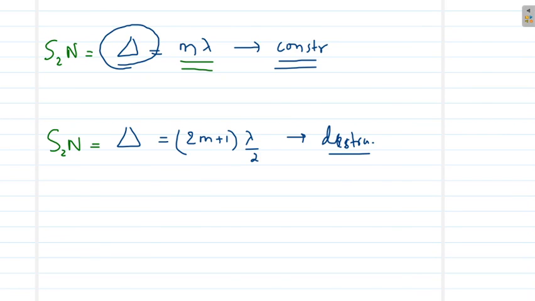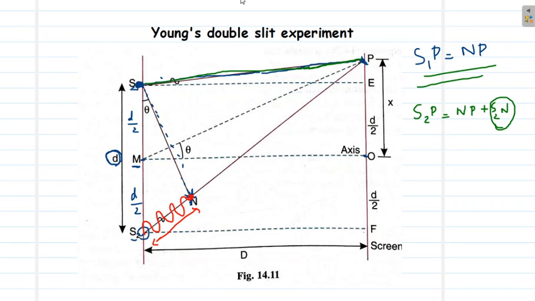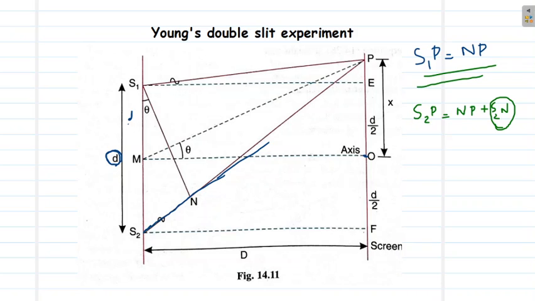Now, in order to write the equations for S2P, we consider the right angle triangle S2PF. So in this triangle S2PF, this is the triangle from S2 up to P, from there up to F, and from F up to S2, we have a right triangle.